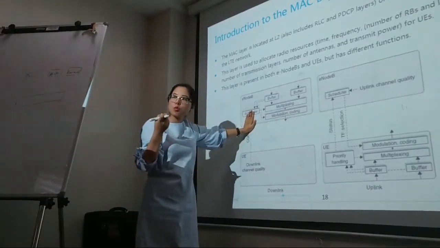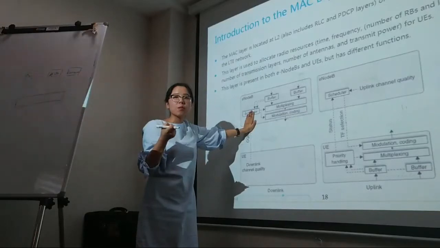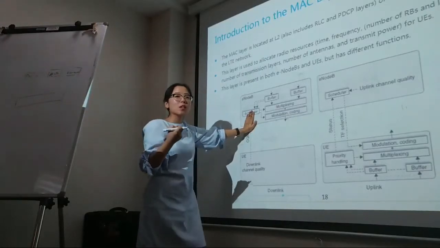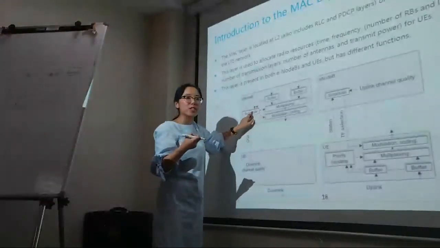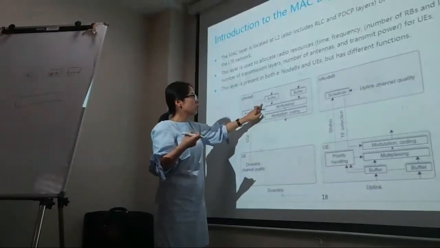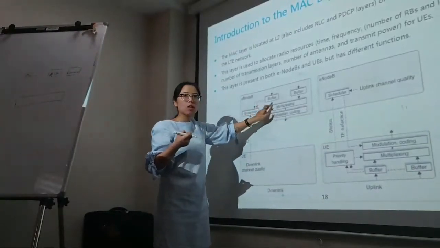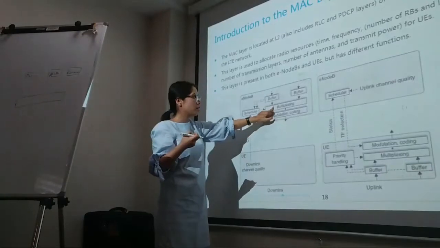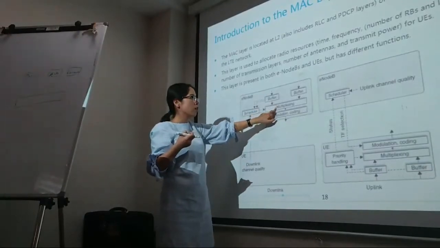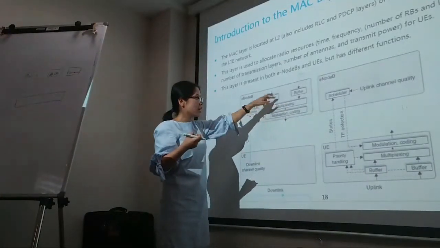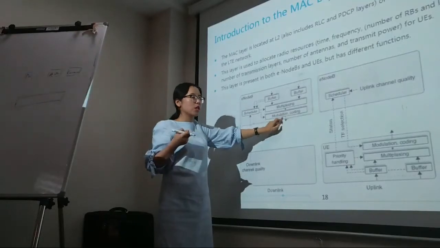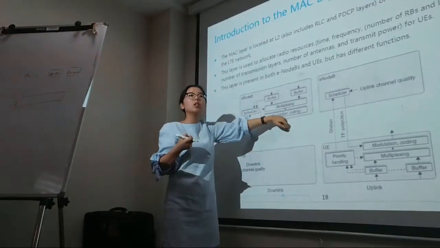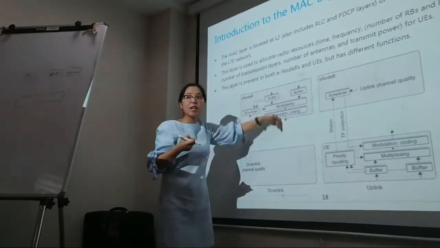So which MCS, which modulation level to use? The scheduler decides this. It will tell the MAC layer and contain this information. It multiplexes, delivers to the modulation and coding, and delivers to the lower layer. So this is the downlink.